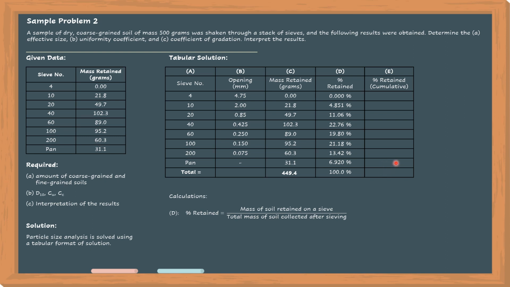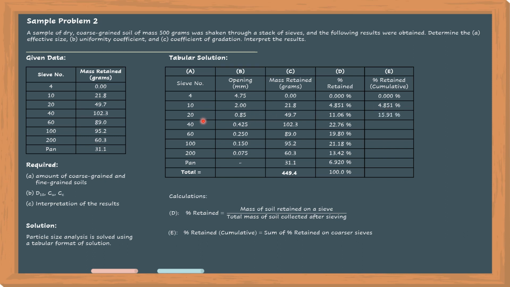So the fifth column or column letter E, percent retained cumulative, is equal to the sum of percent retained on coarser sieves. So 0 for the first sieve, since there is no coarser sieve. And then for sieve number 10, 0 plus 4.851 is 4.851.